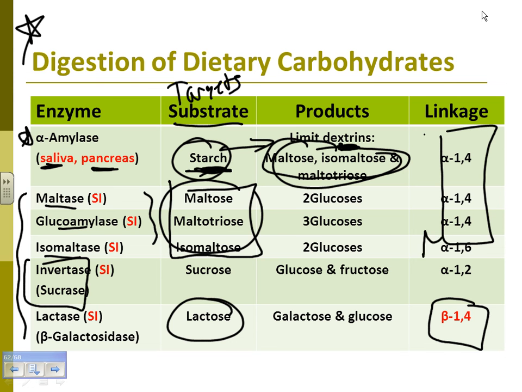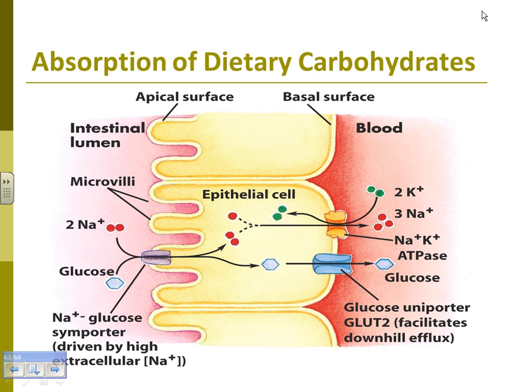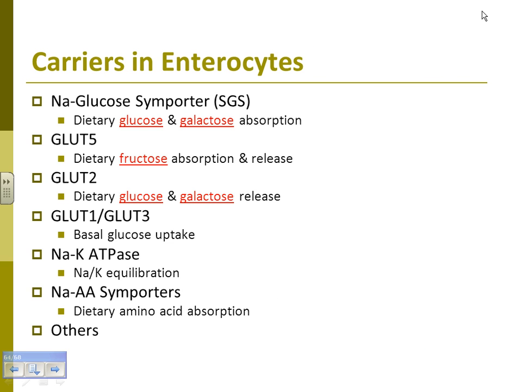You have this weird alpha-1,6, and then sucrose is an alpha-1,2 link. So know everything on there, but be able to understand it too. Very common questions come from here. Make sure to note what's happening. Are they being absorbed, released, both?